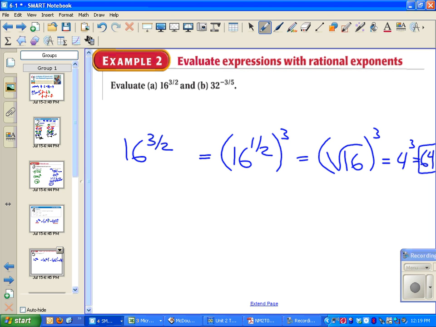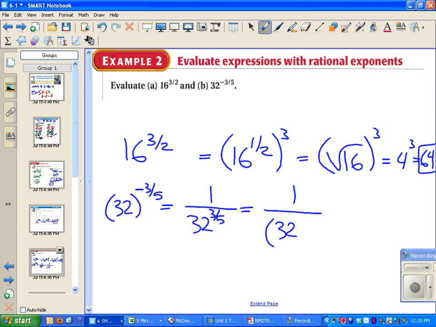For part B, we have 32 to the -3/5 power, which means that's a negative exponent, so that is going downstairs. So 1 is going to be in the numerator. And then we have 32 to the +3/5, so now it's happy. Again, 32 to the 3/5 doesn't mean much to me, so I'm going to break that down into 32 to the 1/5 power, and then we're going to cube that. That is the same thing as the 5th root of 32 cubed.